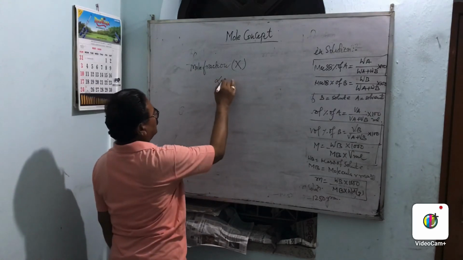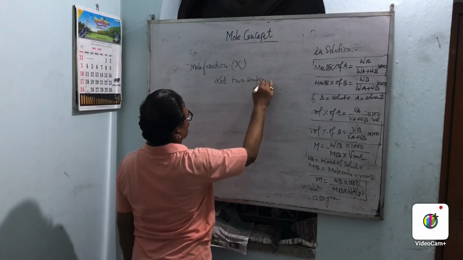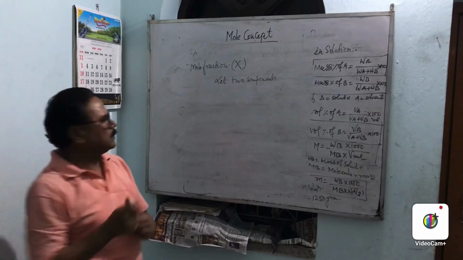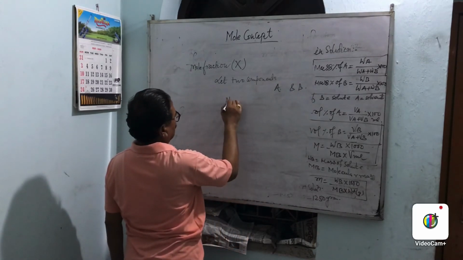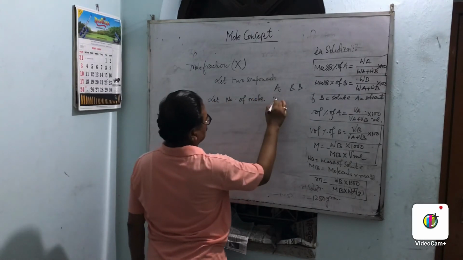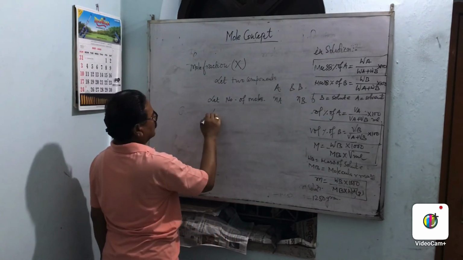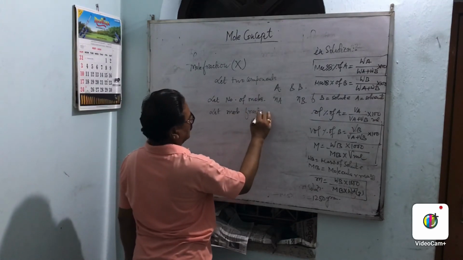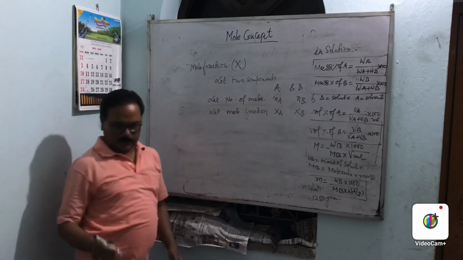Suppose there are two components, A and B. Let the number of moles be Na and Nb, and let the mole fractions be Xa and Xb.